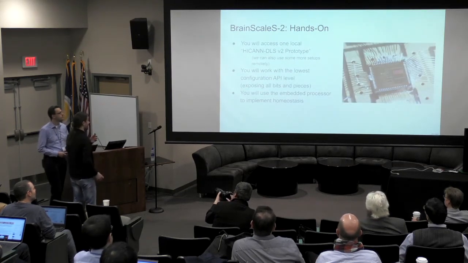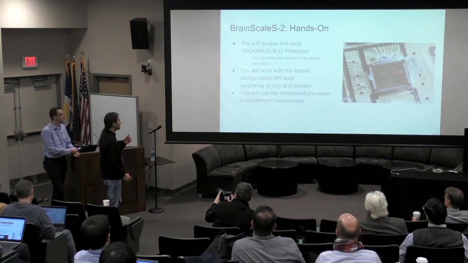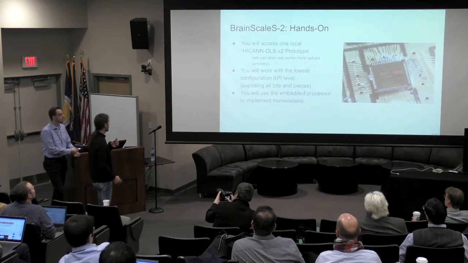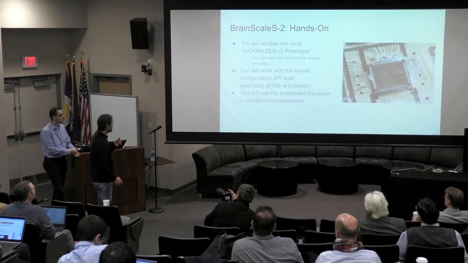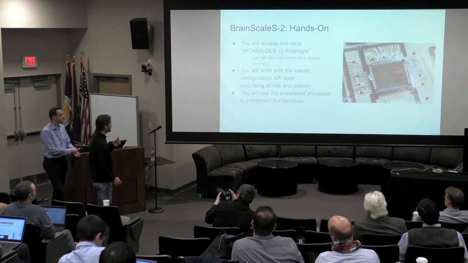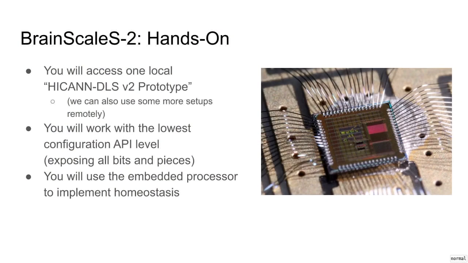And regarding the BrainScaleS-2 hands-on tutorial, this will always happen in the second part of the individual two slots, because the first part basically also gives you an introduction on how to configure our systems if you use the full automatic software stack. For the BrainScaleS-2 system, in the hands-on tutorial, we will use a lower-level software stack where you can really play around with the individual bits that you can set on the chip.